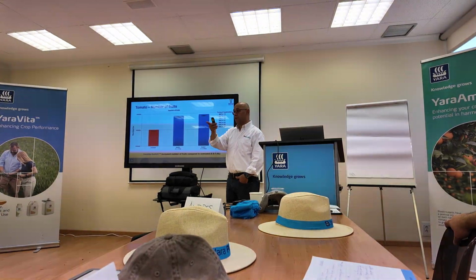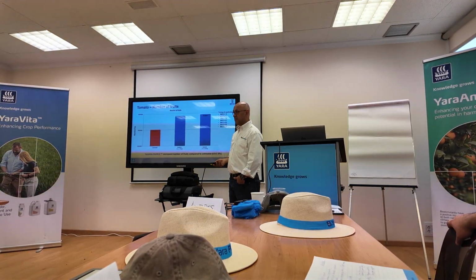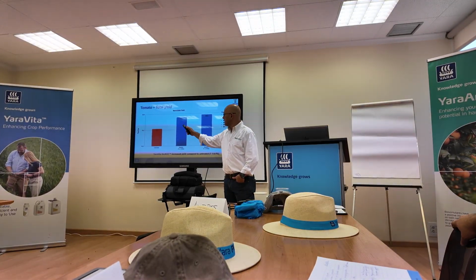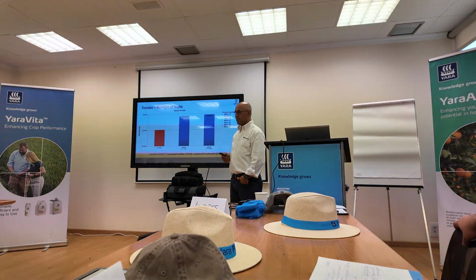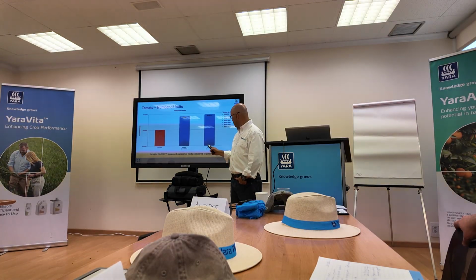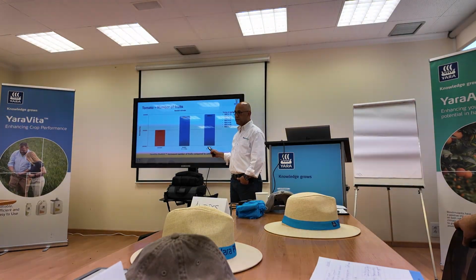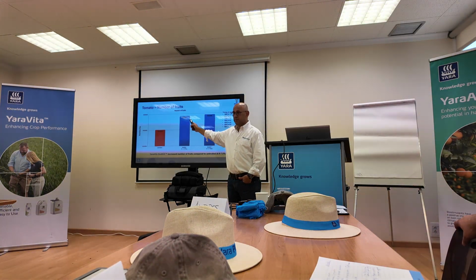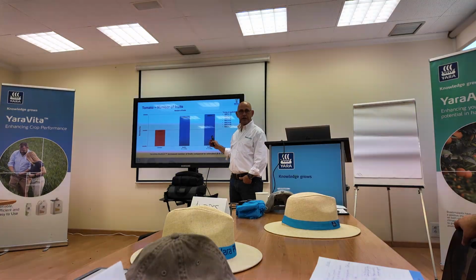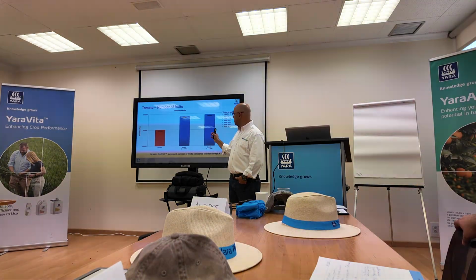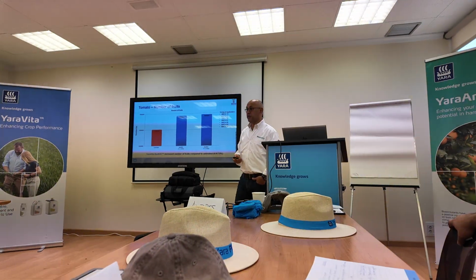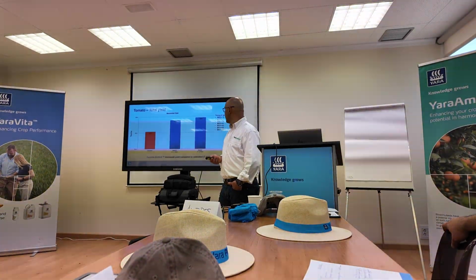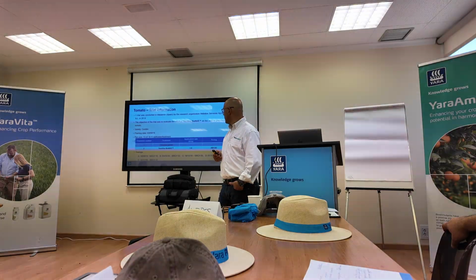Now, if we calculate the return on investment, this one is better than that one. Why? Because this program is more expensive, it's 2 liters. So we can already obtain a good yield. If you go for high yield, you go for the higher rate. But potentially with the lower rate, you already obtain a good yield and a good return on investment. And that also reflects on the marketable yield.